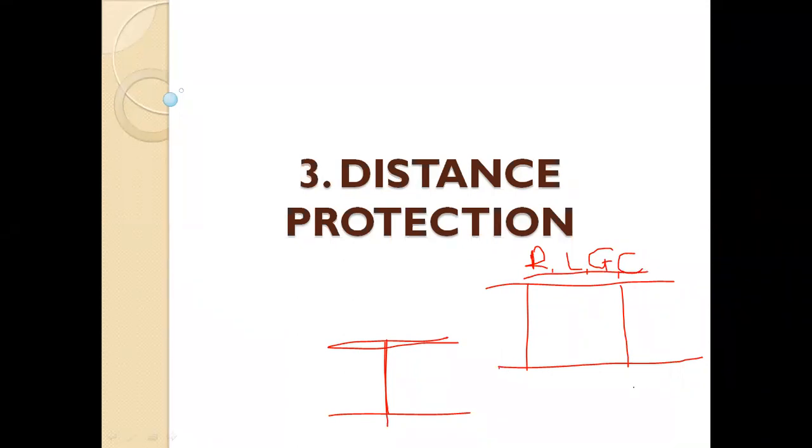So when we are protecting this transmission line, all of you know the transmission line length is very high. If any generating station is located nearest, then that distance will decrease.